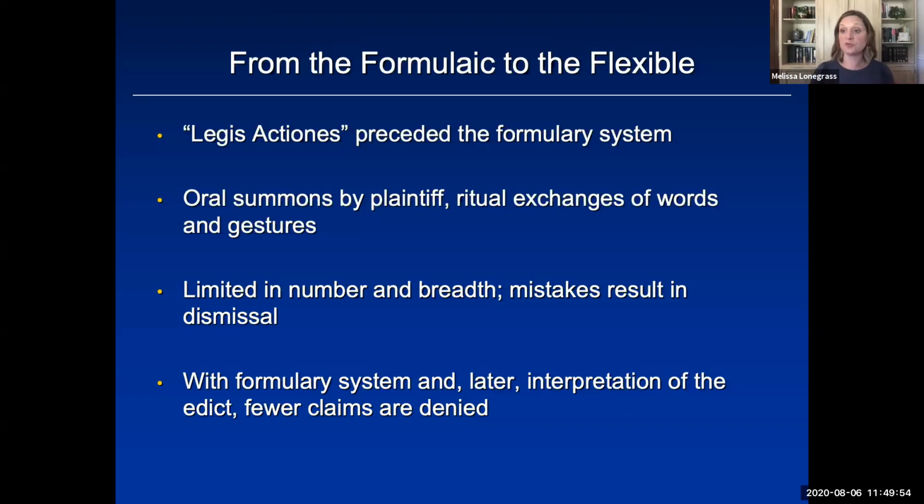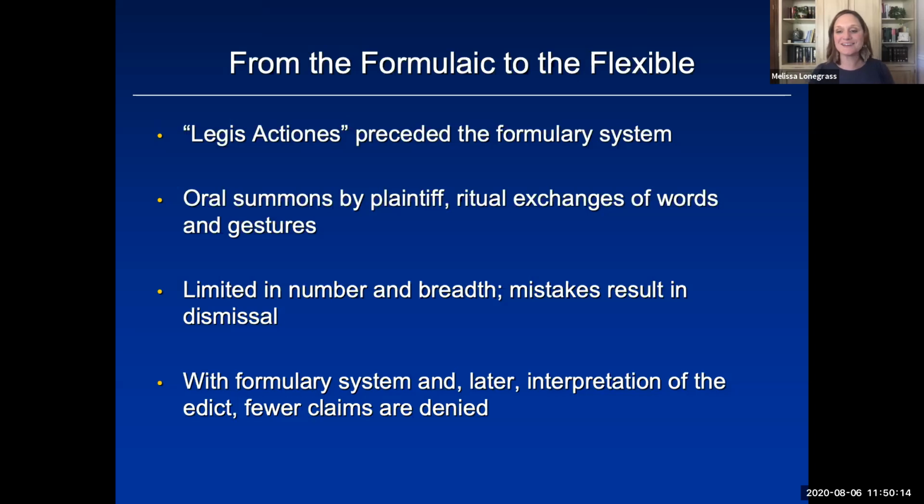If the praetor thought that there was a cause of action based on his knowledge of the law, then the case could proceed. There was no reason for certain rituals or gestures or magic words. As a result, more claims were heard and successful.